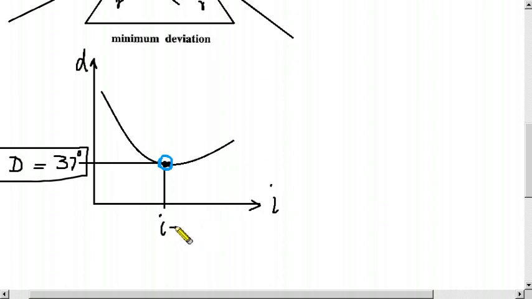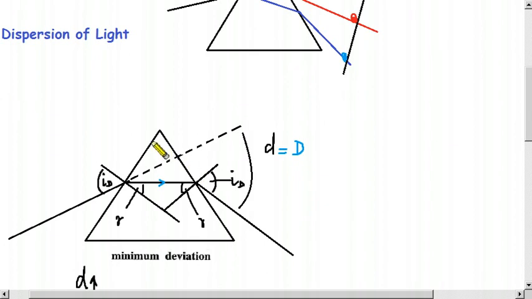So this incident angle is something around 48 degrees at this time for a normal glass prism whose angle is 60 degrees. So this angle is normally 48 degrees. So this one also equal to 48 degrees.